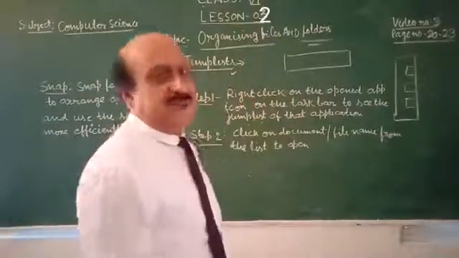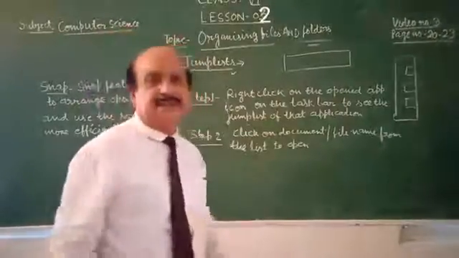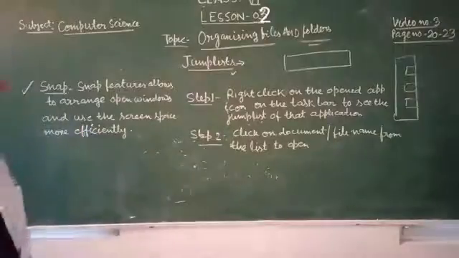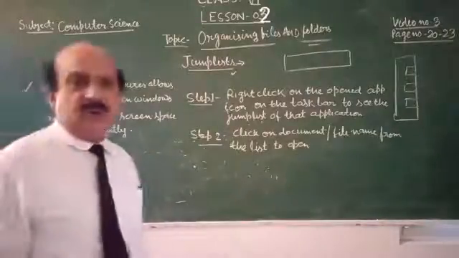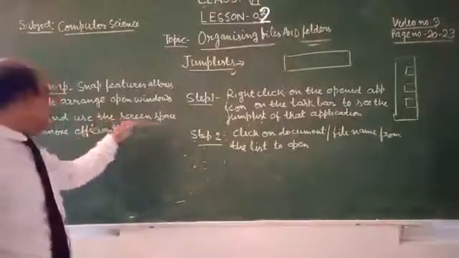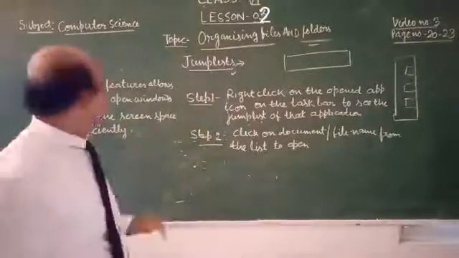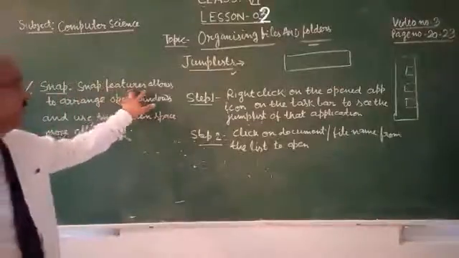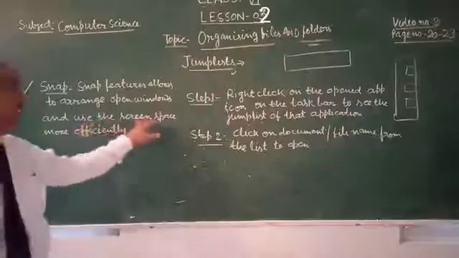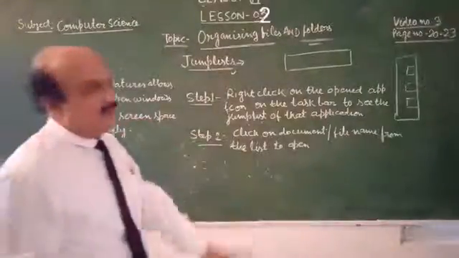After jump list, you will find one more word, that is snap. Come on here. The snap feature allows you to arrange open windows and use the screen space more efficiently.